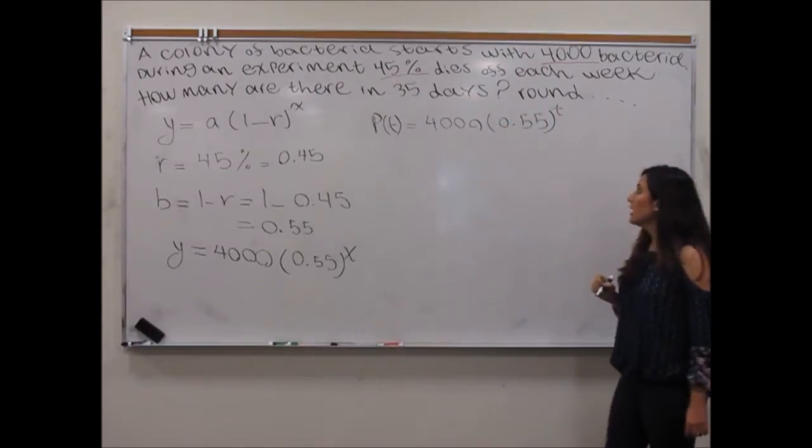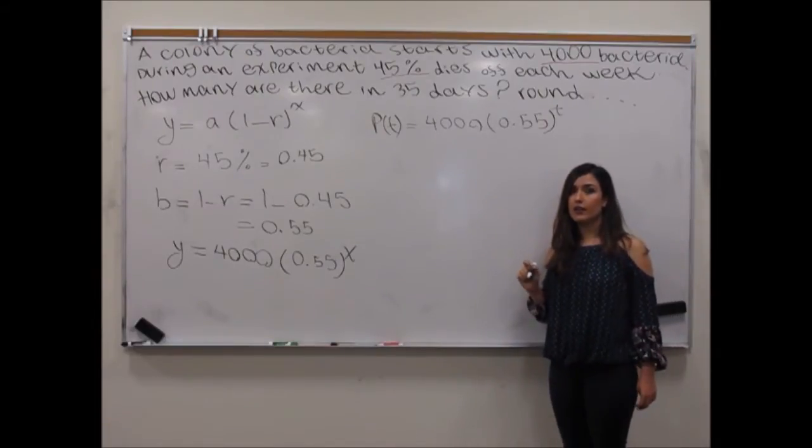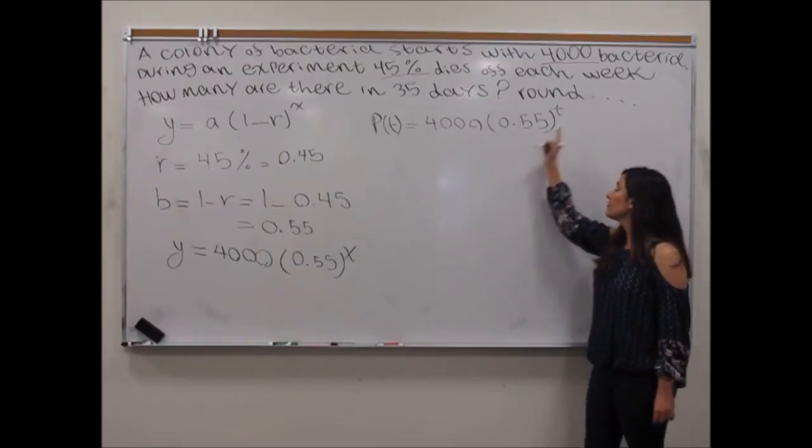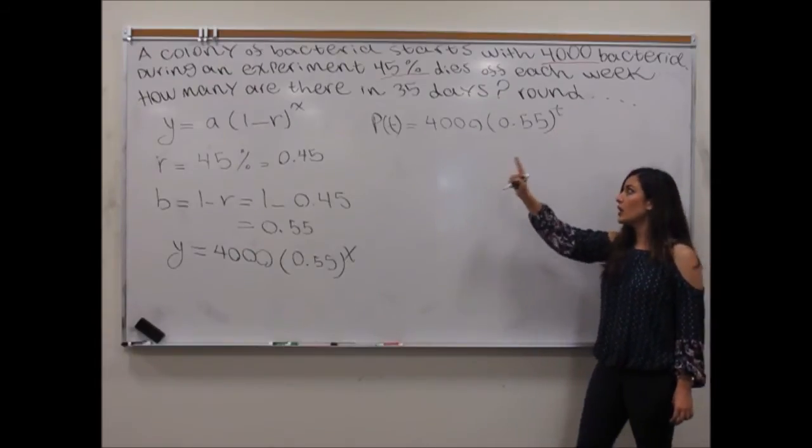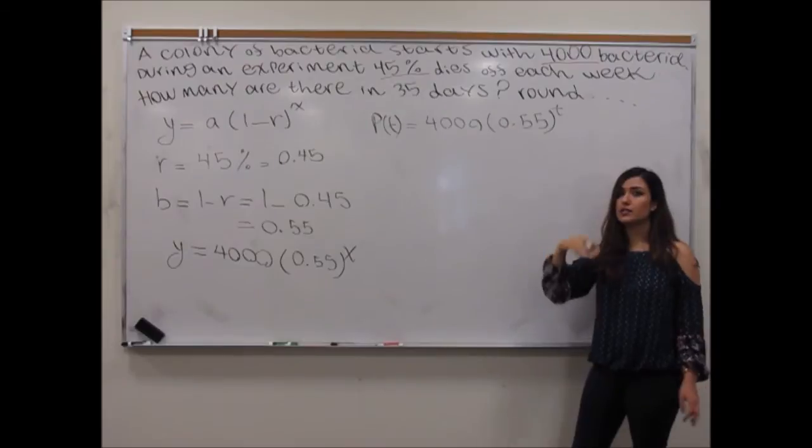And they're asking me how many bacteria are there in 35 days, but notice that the unit of this T is weeks, so I have to convert the 35 days to weeks.